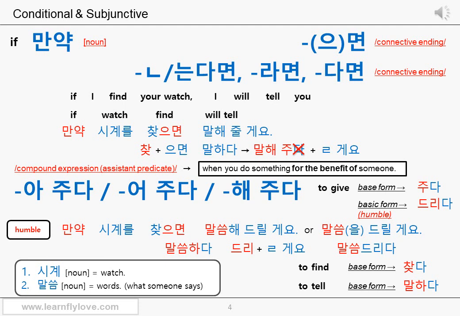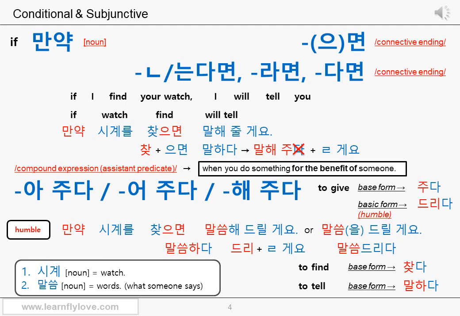So you can also say 말씀을 드리다, 말씀을 드리다, or 말씀드리다 without the object particle 을. I like 말씀드리다 better. 말씀드리다 actually means give your words. So it can mean to tell, self, no problem.